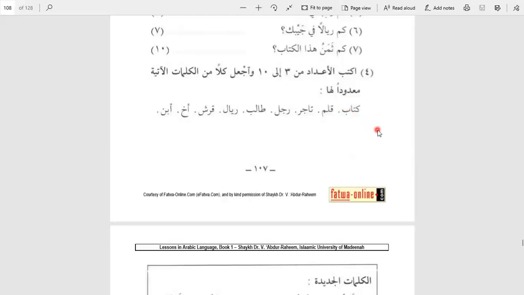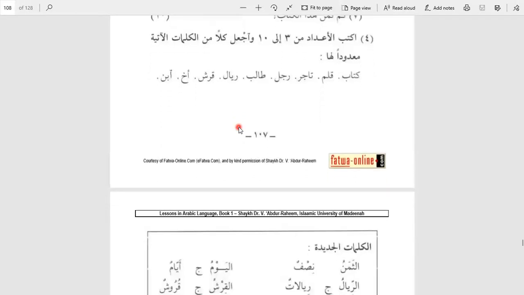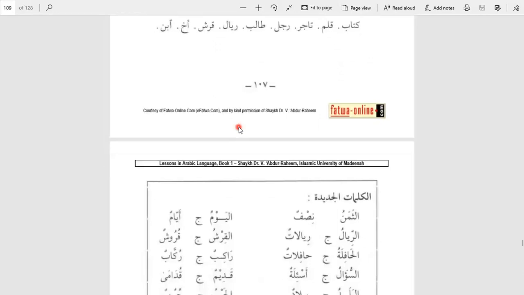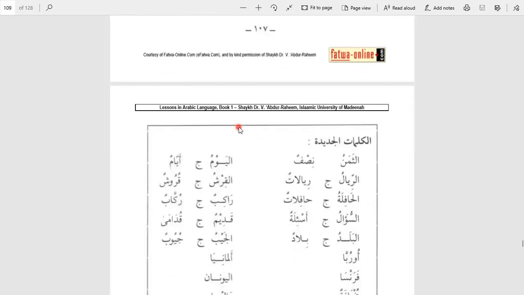If you're writing 4, it becomes arba'atu kutubin, 5 khamsatu kutubin, and so on. So you need to know all the plurals of these words so that you are able to answer the question. I hope you find it very easy without any problem.